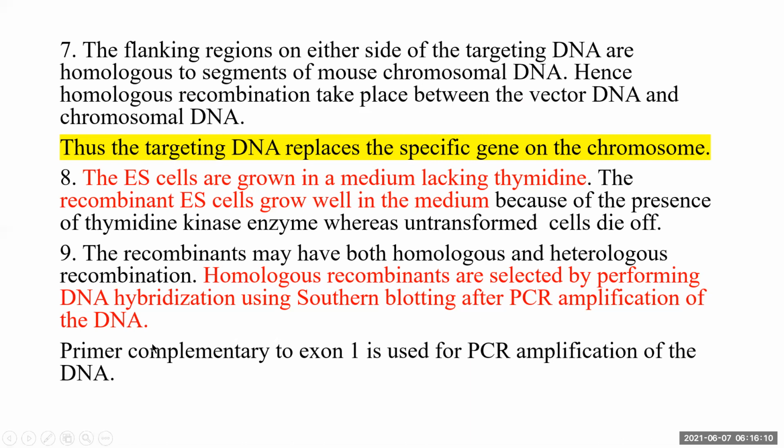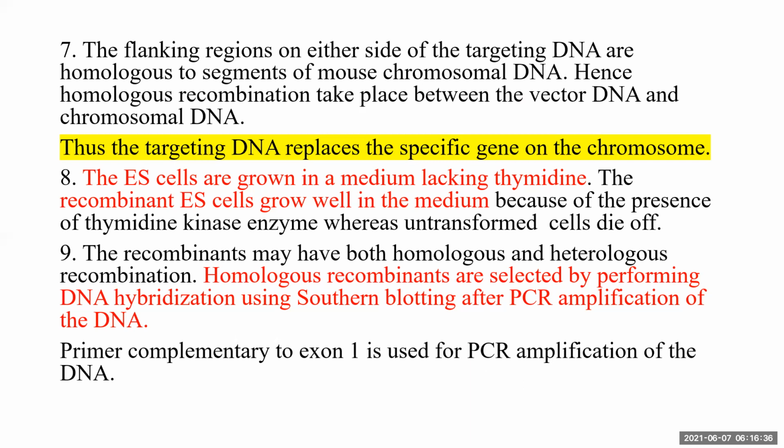Okay. Now, a primer complementary to exon 1 is used for PCR amplification of the DNA. The targeted DNA that you have prepared in vitro, that means DNA of mouse isolated from library containing the targeting DNA, that is containing the non-functional gene along with the marker gene, is called your targeting DNA.